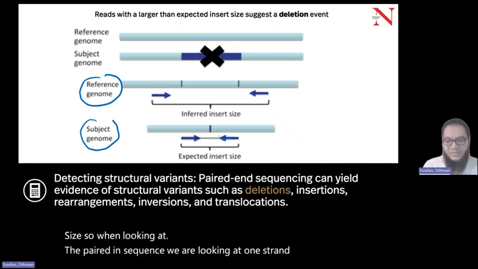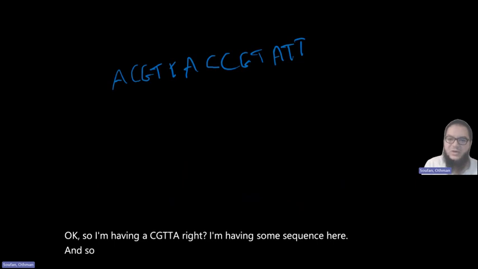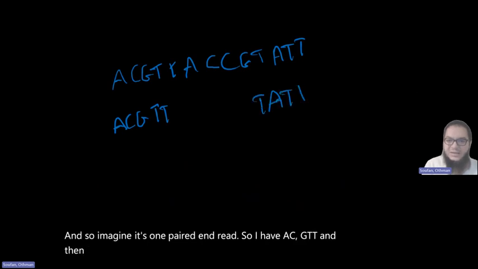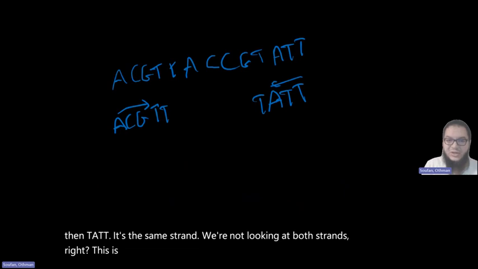Remember this. Okay, so I'm having A, C, G, T, T, A, some sequence here. And so imagine it's one paired end read. So I have A, C, G, T, T, and then T, A, T, T. It's the same strand. We're not looking at both strands, right? This is forward, this is reverse, and this is the insert area here, okay?